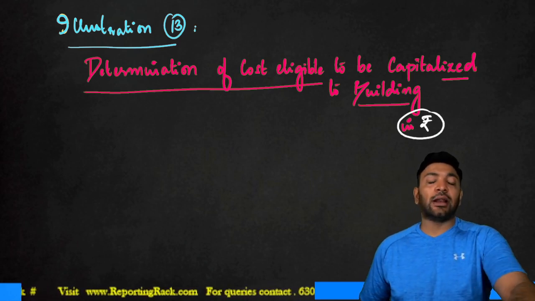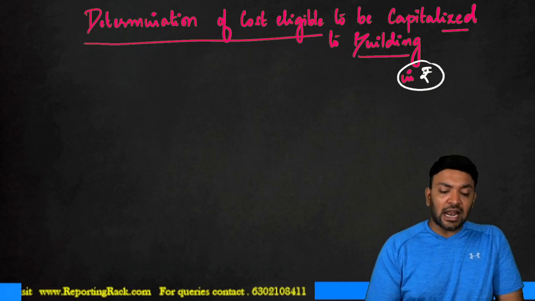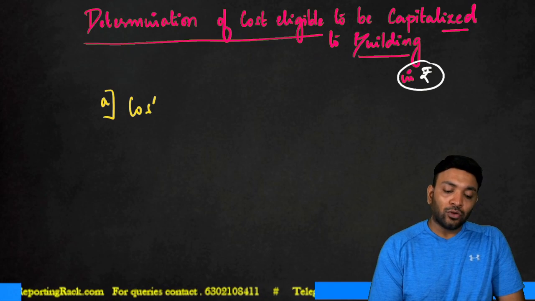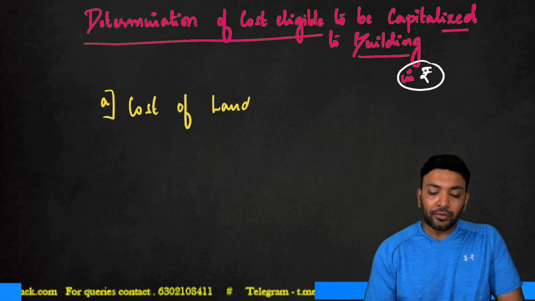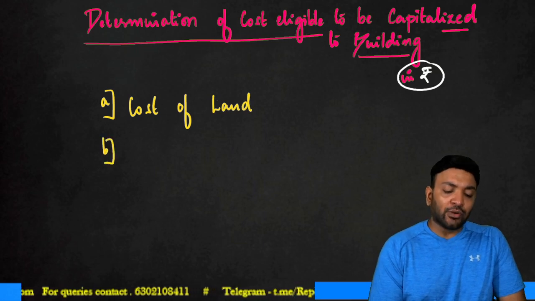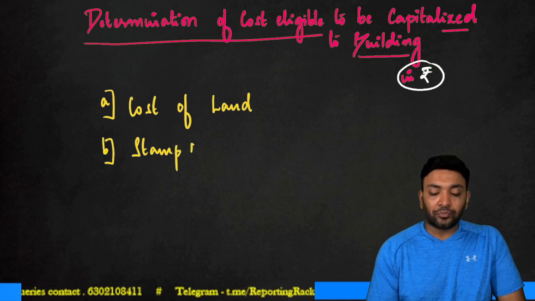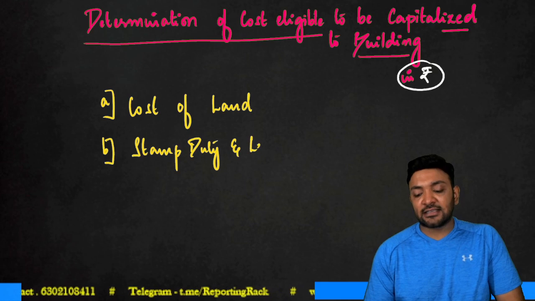In rupee terms are your amounts. Start first with the cost of land and the stamp duty and legal fees.